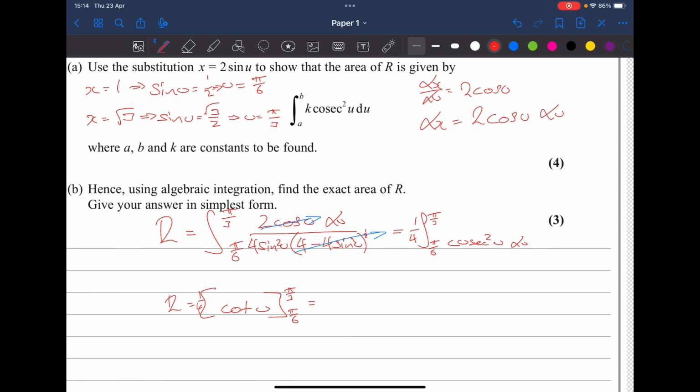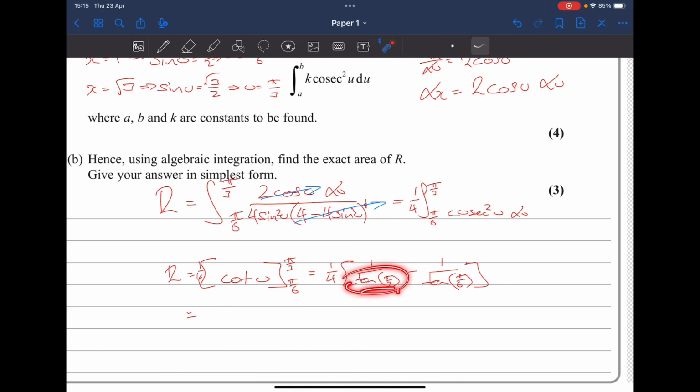So plugging all these bits in there, it is going to be a quarter of 1 on tan of 60 degrees, which is pi on 3, take away 1 on tan of 30 degrees, which is pi on 6.